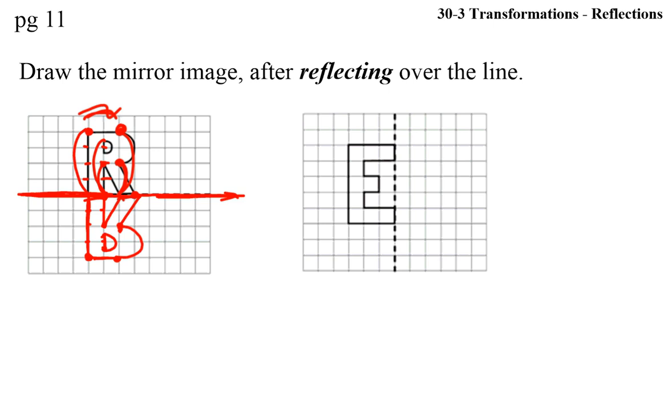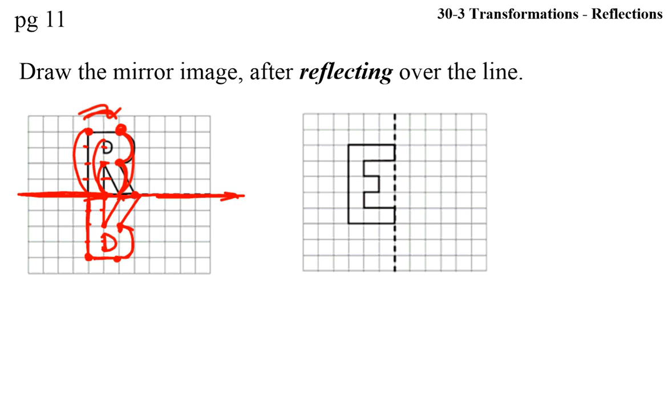So we can see that we have the mirror image. Our R, and I didn't do a great job of my bump in the R, we can see that it only goes to this line. So I would be consistent. And there you go. Maybe give E a try, pause the video, and then come back.